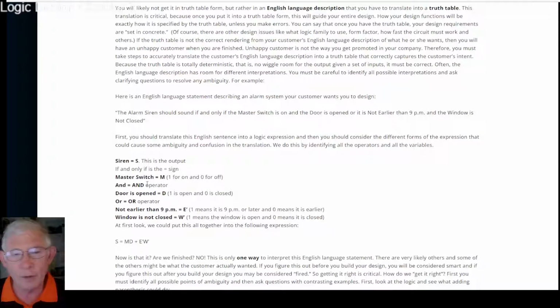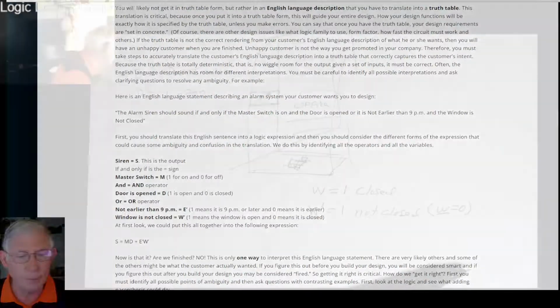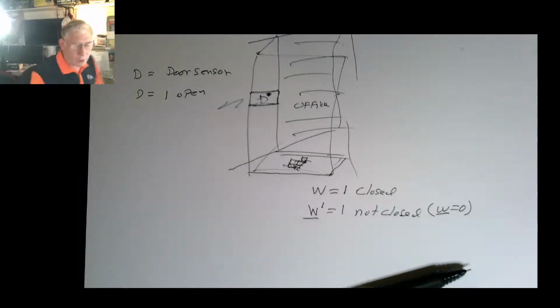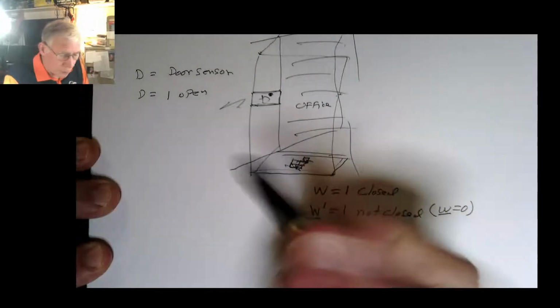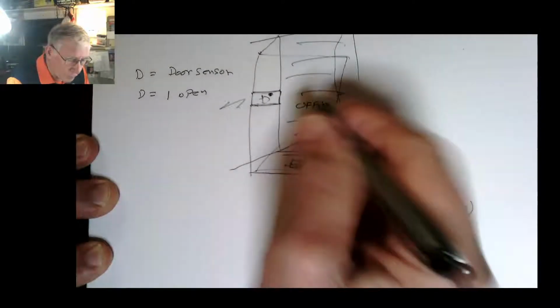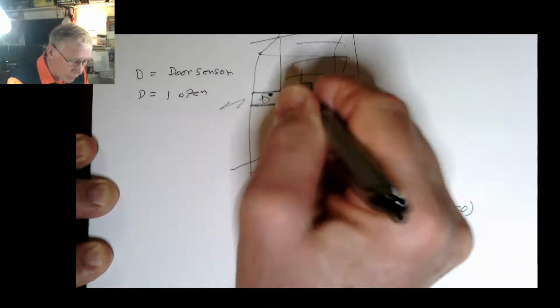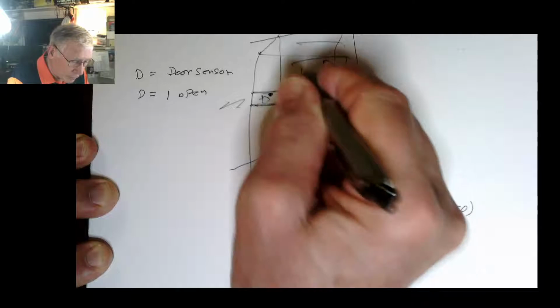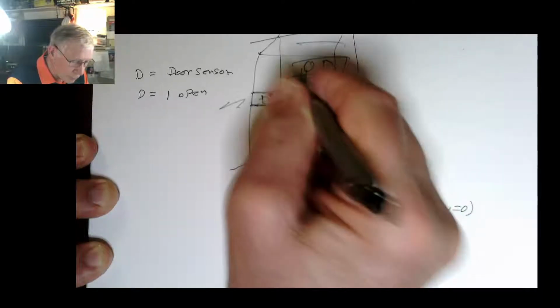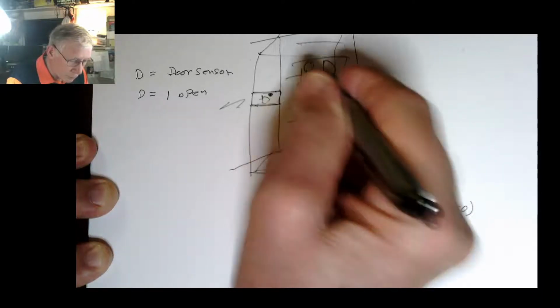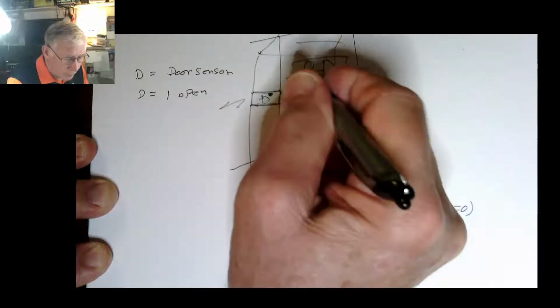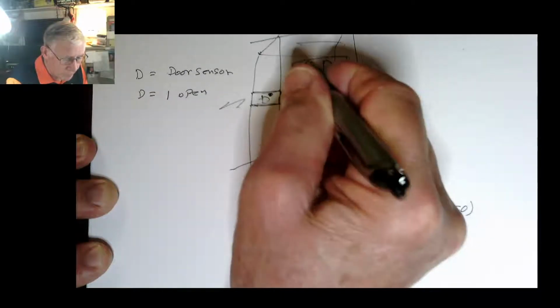So in this case, we were given a problem. It's a simple alarm system, and I'm going to draw that out. So here we have our simple alarm system. We have an office where we have a chair and a desk, and we have a person sitting in that chair, working on their desk, and hopefully they have a smile on their face.